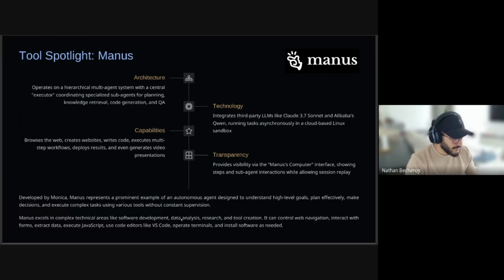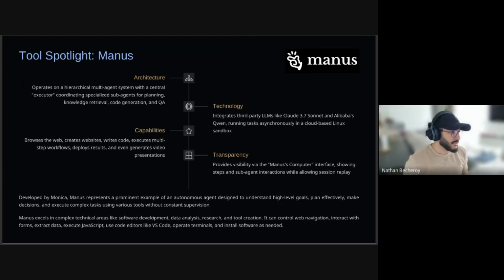Going back to Manus, as I said, I was already talking about the architecture, and I'm going to speak a bit more about it. The technology integrates third-party LLMs like Claude 3.7. Before it was 3.5, but now Claude 3.7 is on it. Qwen is also running some tasks asynchronously in the cloud because it also uses a cloud-based Linux sandbox.